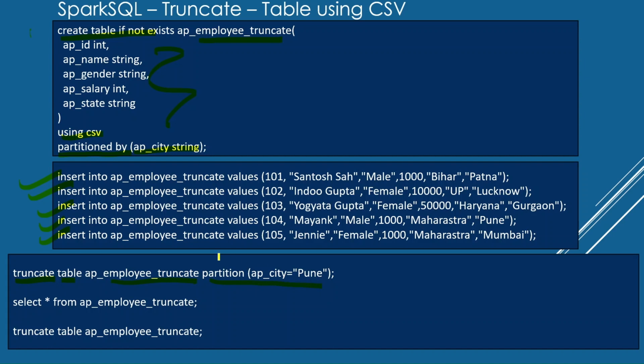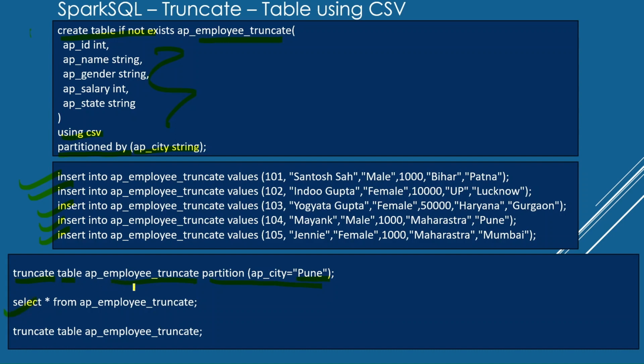with partition level. Because this table has been partitioned based on the city, I am going to truncate the data only from the partition whose APCT value is Pune. The rest of the records will not be affected.